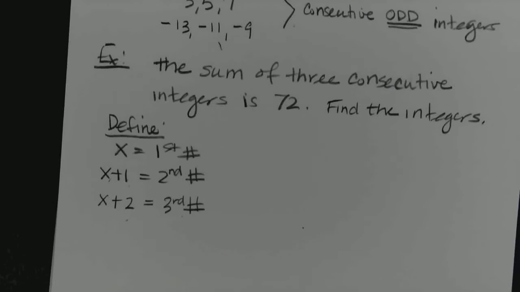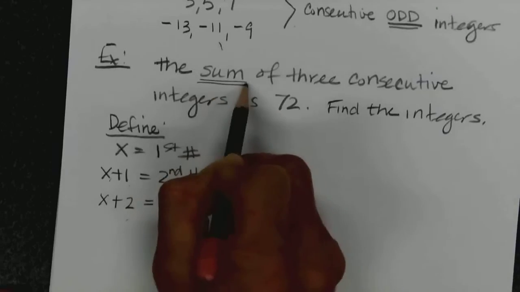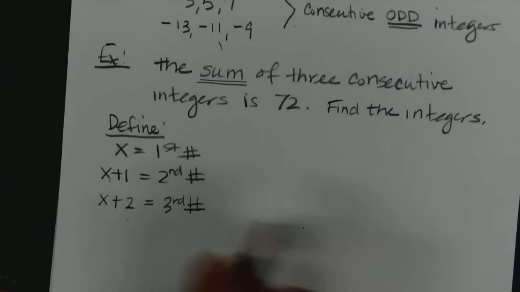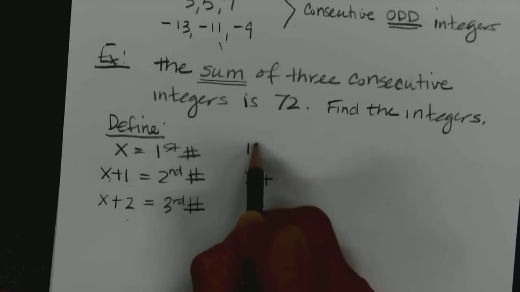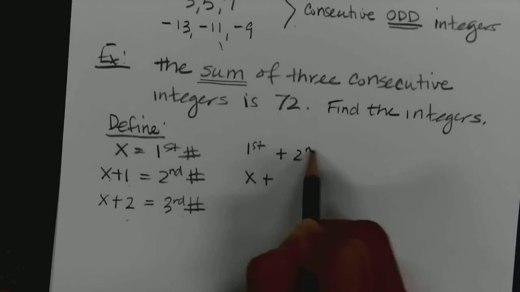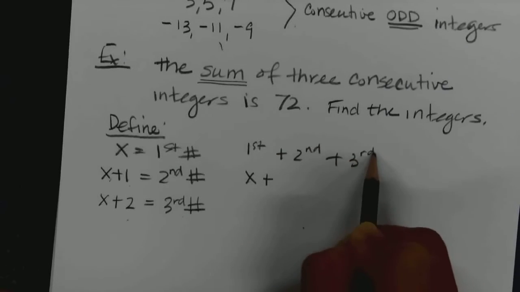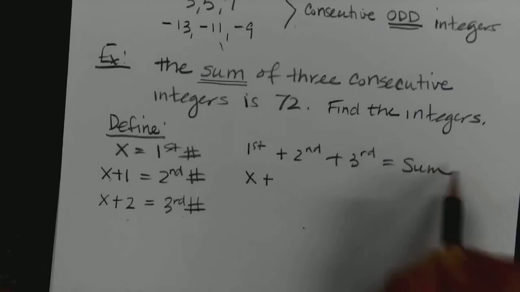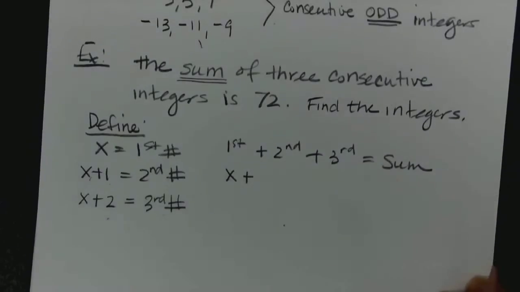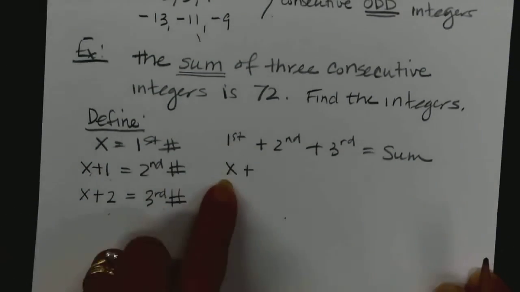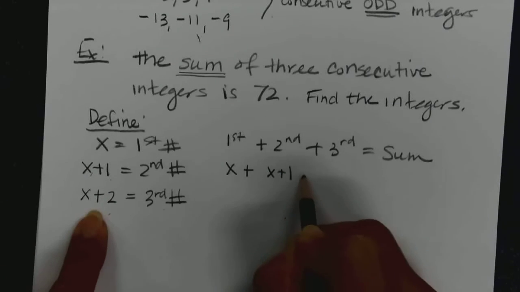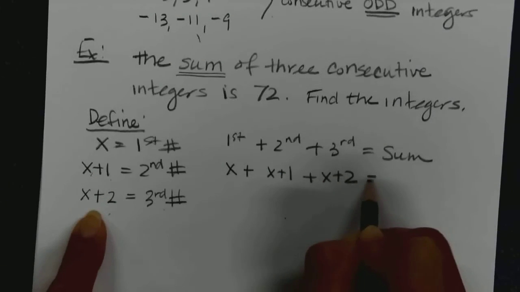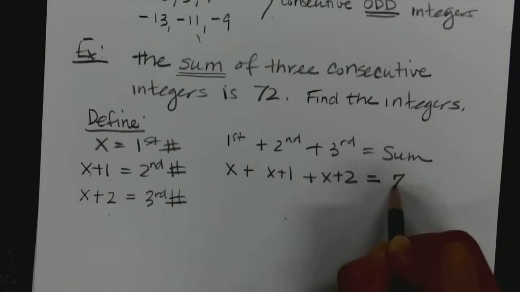Remember, we add them together. The sum means to add. If we add them together, first plus the second plus the third equals the sum. So the first is x, second one is x plus 1, and then third one is x plus 2, and that should equal the total, which is 72.